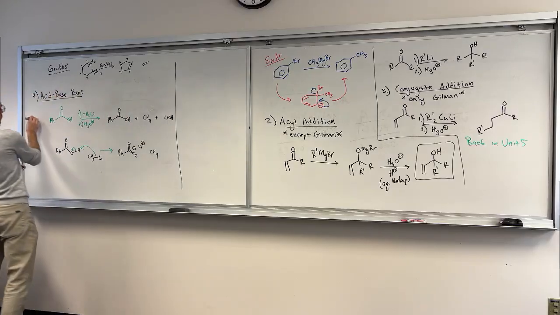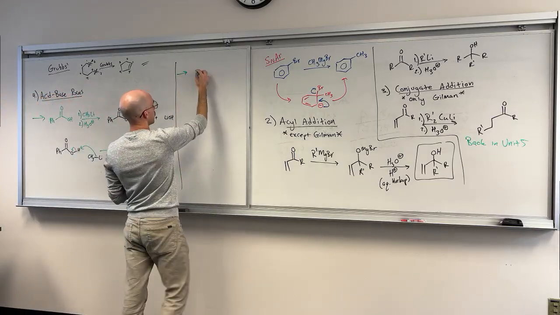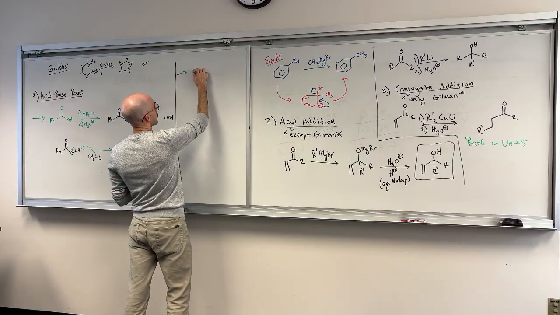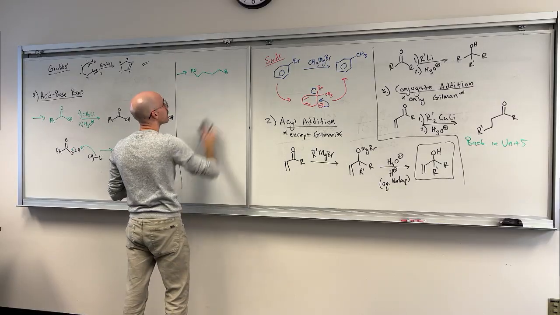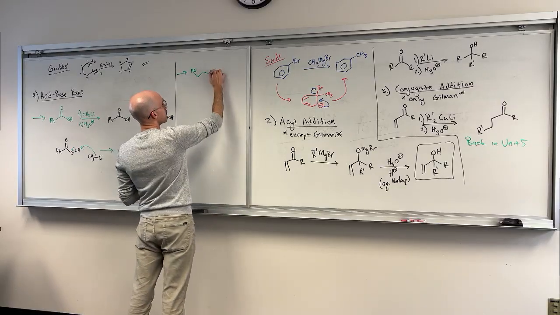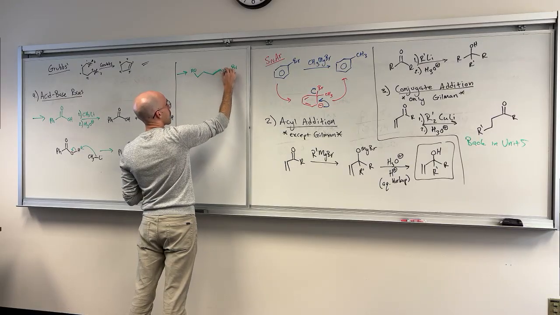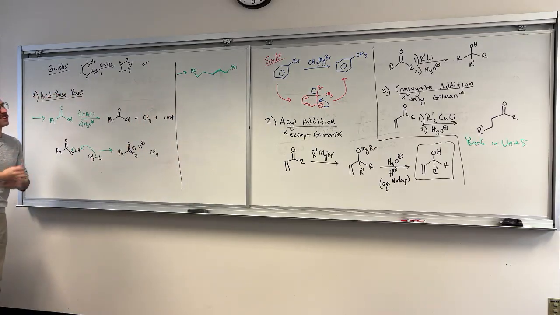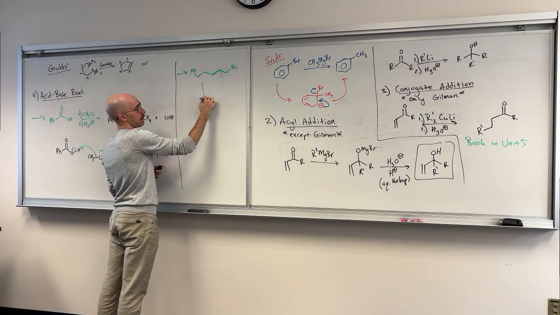So let's say this is one example. Let's look at another one. Let's say that I want to take this compound, 5-bromo-1-pentanol, and I want to do substitution with it.